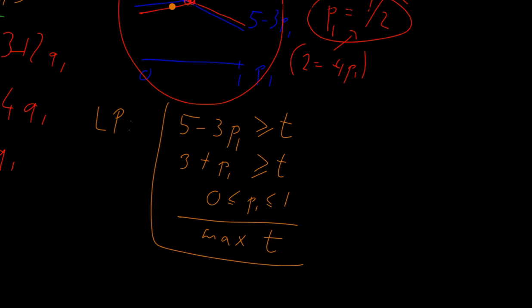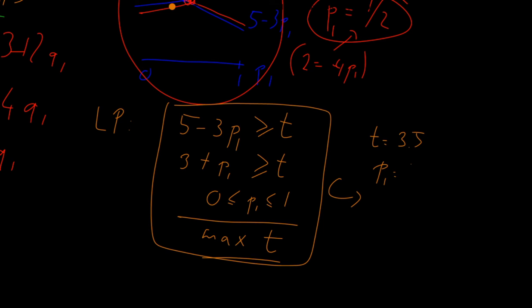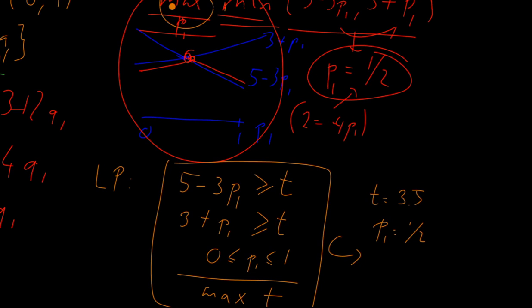And if you solve this system of inequalities and maximize t in exactly the same way as you are solving linear programs, then again you will get t equals 3.5 and p1 equals 1/2. So it's the same. The optimal solution of this LP is giving you the optimal strategy for one of the players. And in that case you don't have to use this p2 equals 1 minus p1 stuff.